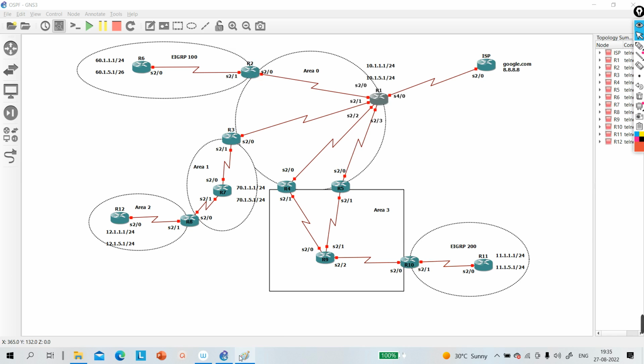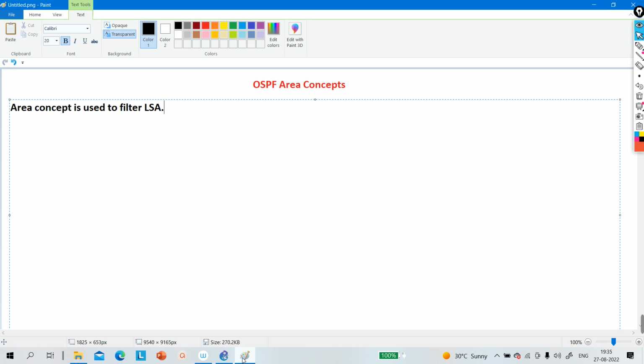And with the help of areas we will filter some LSAs. So first of all understand which area filters which types of LSA. So guys, the first type of area is standard area, right?